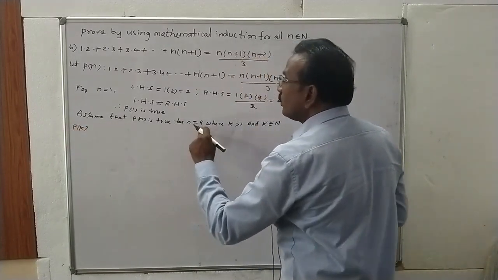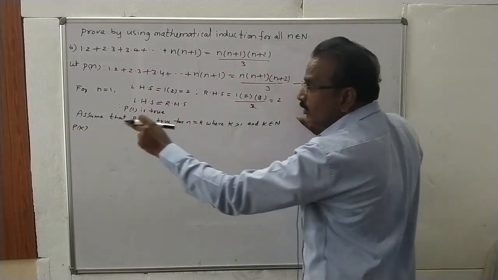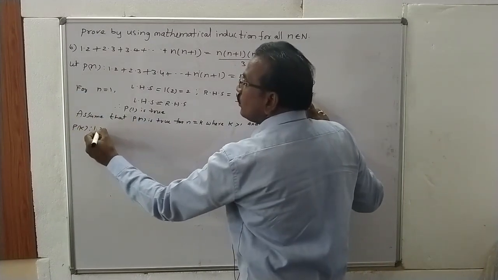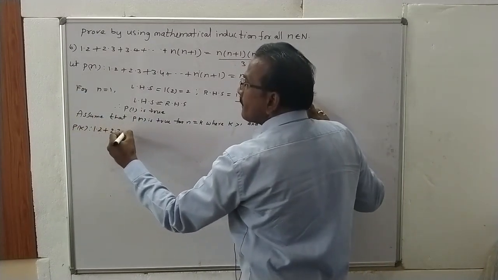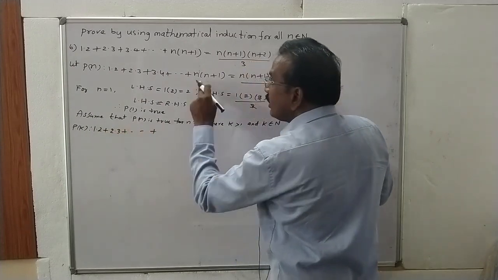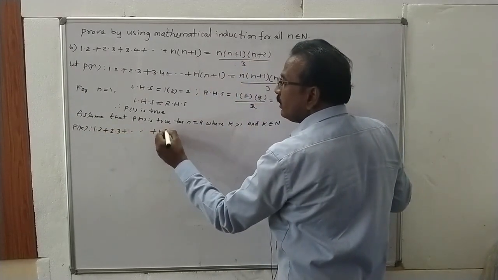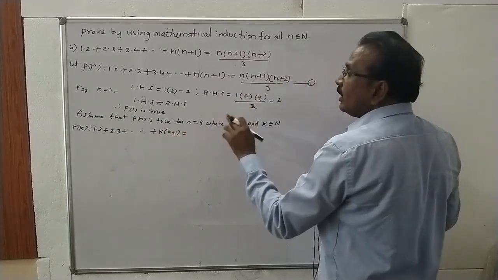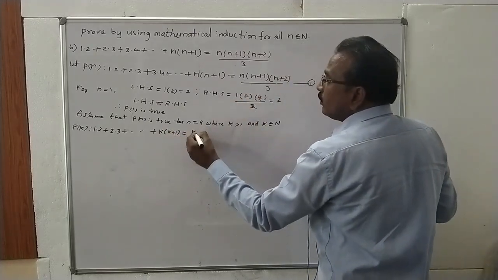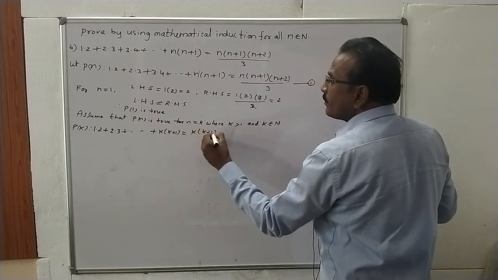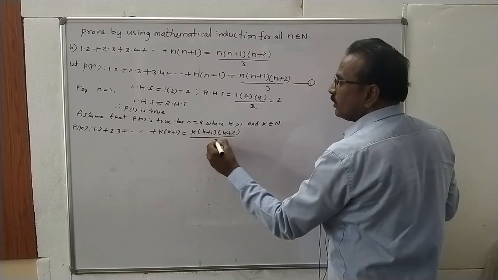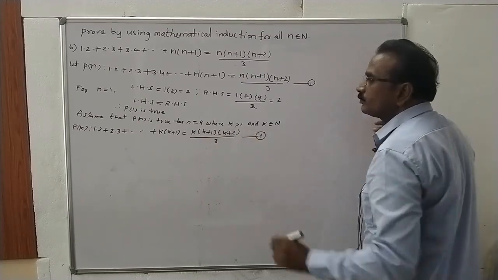So put n is equal to k in equation 1, we get P of k, that is equation 2. So P of k is 1 into 2 plus 2 into 3 plus ... k into k plus 1 is equal to, replacing n by k in equation 1, k into k plus 1 into k plus 2 divided by 3, that is equation 2.